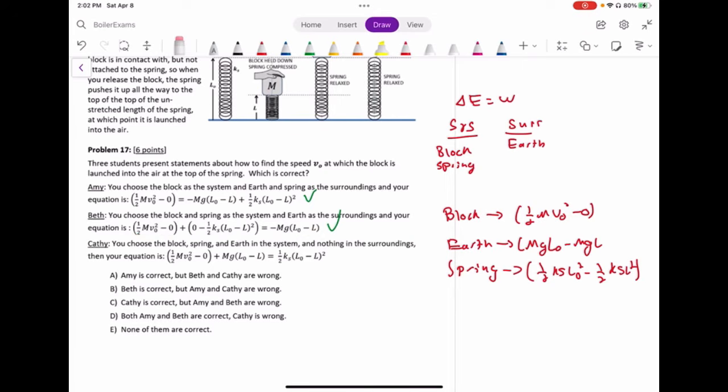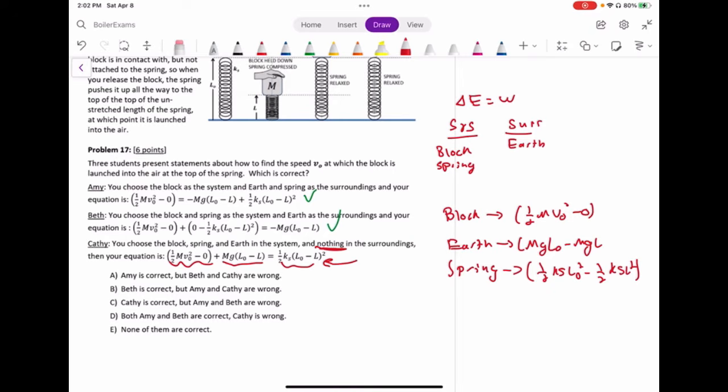Let's see what Kathy's got going on. Kathy has the contribution from the block kinetic on the left, gravity also on the left, and then she's got the spring on the right, but she put nothing in the surroundings. So the spring contribution should not be on the right-hand side of the equation.